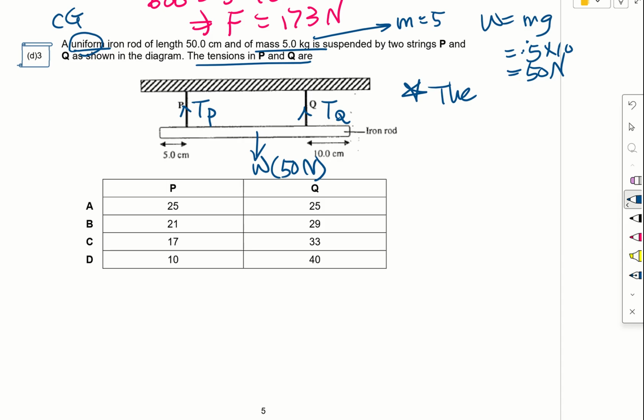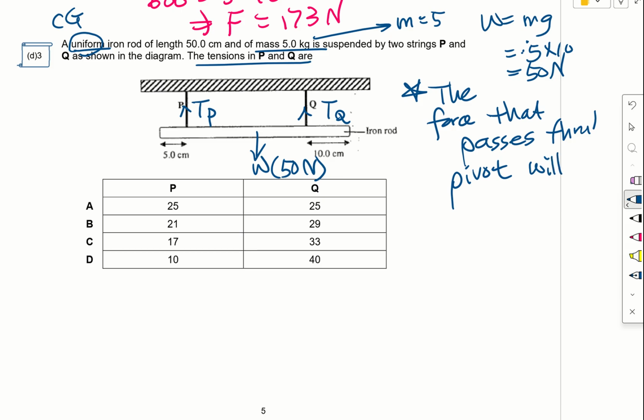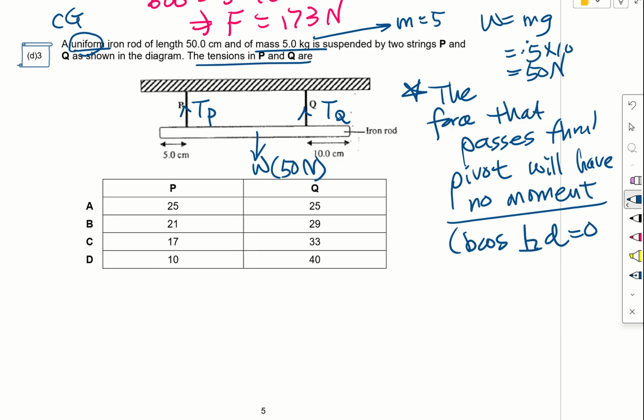A force that passes through the pivot will have no moment. So it doesn't mean that there won't be any force. It just means that the line of action of the force will actually pass through the pivot. And if it passes through the pivot, there's no moment because the perpendicular distance will be equal to 0.